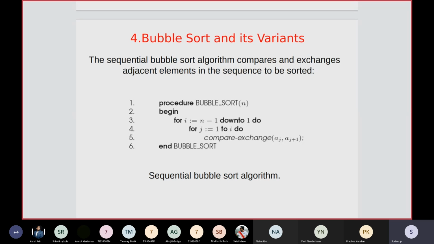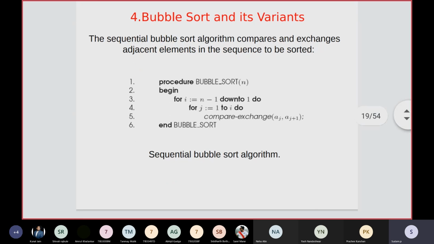The pseudocode format is given in the current slide. Procedure bubble sort, n elements are there for sorting, meaning the input sequence has n number of elements. Begin for i equal to n minus 1 down to 1 do.